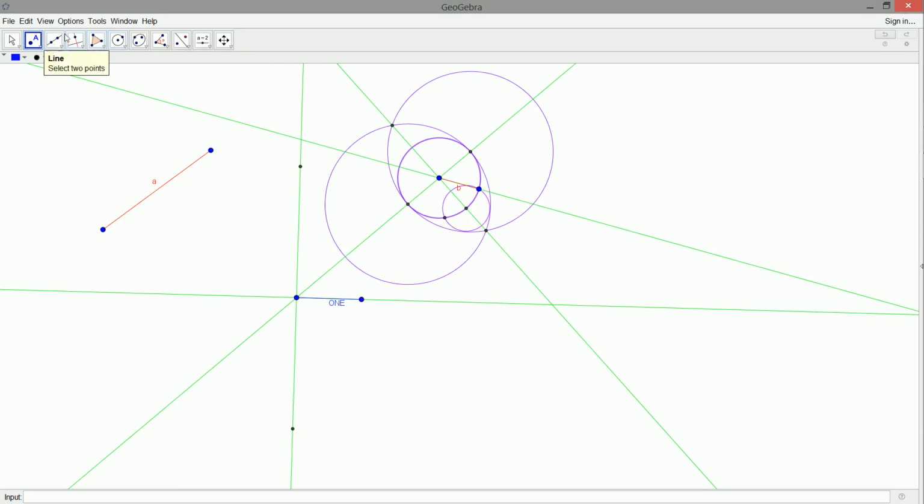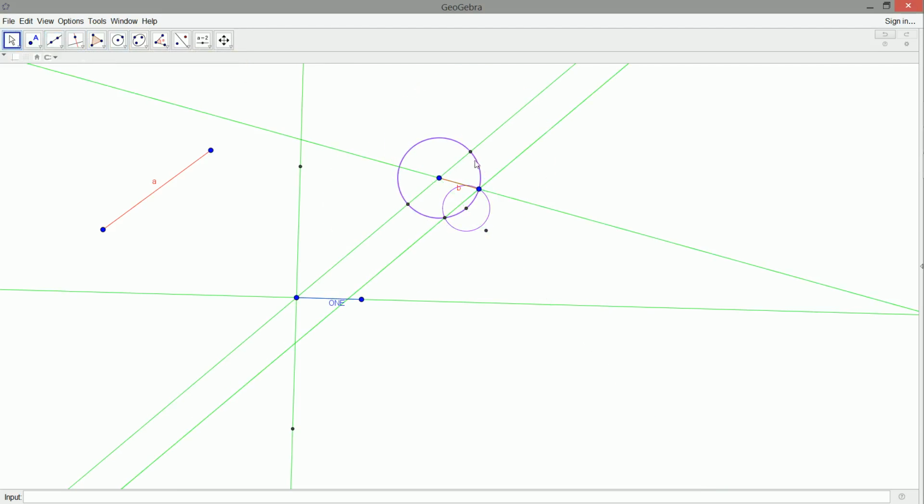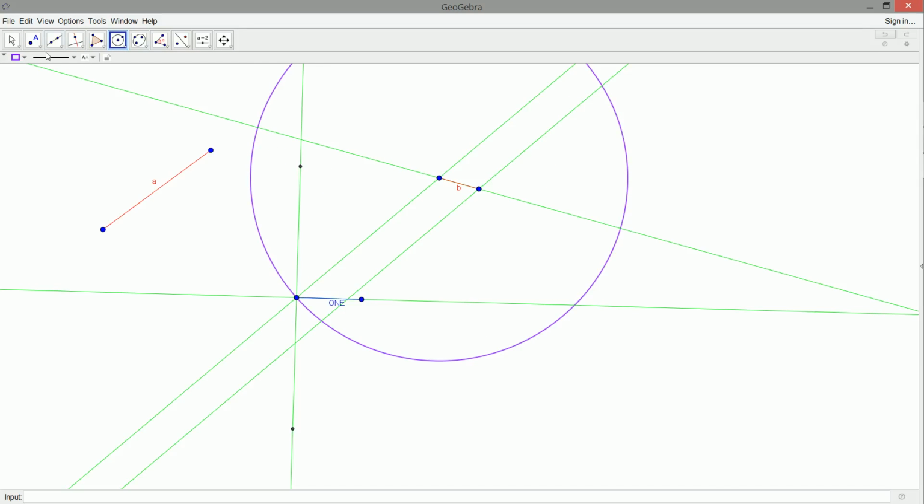Okay, that point right there. There we go, parallel line. Okay, so we'll clean that up, and then we got another parallel line we've got to make. Okay, intersection points here and here.